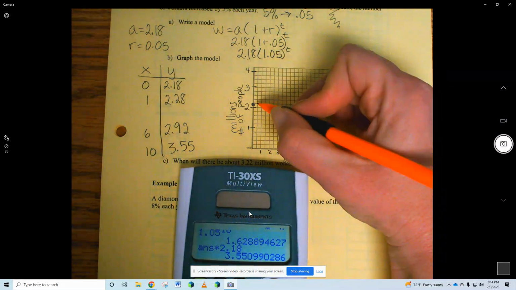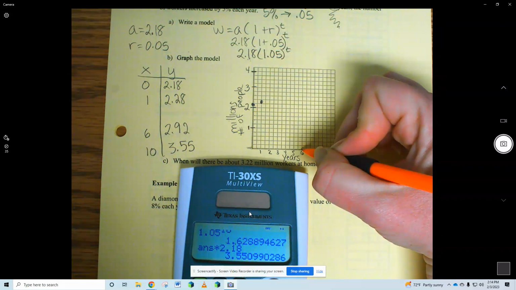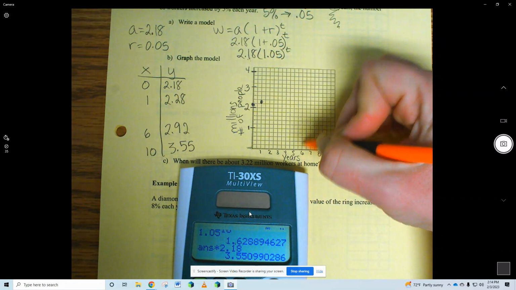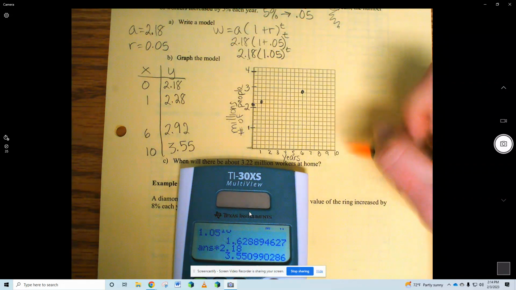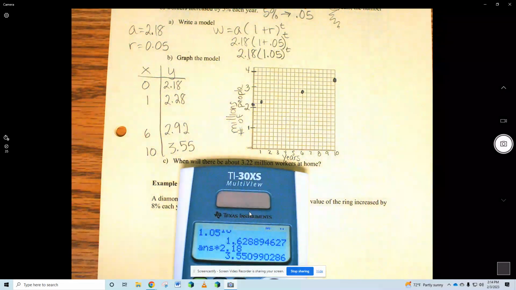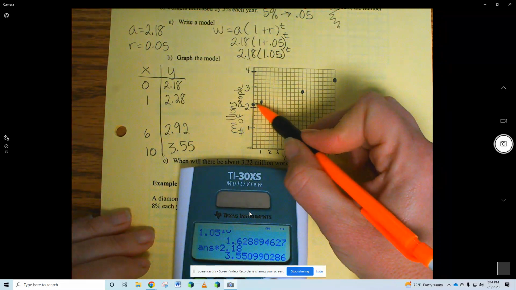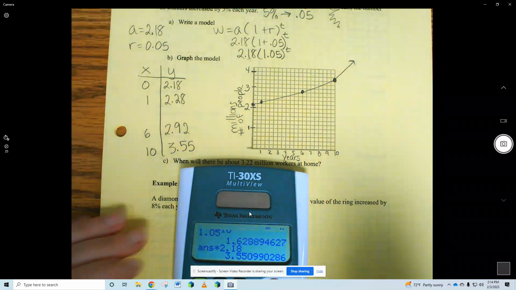Over 1 up 2.2 something, it's maybe like there. Over 6 up 2.9. Over 10, 3.5. So this is my exponential growth function. And it'll slowly increase.